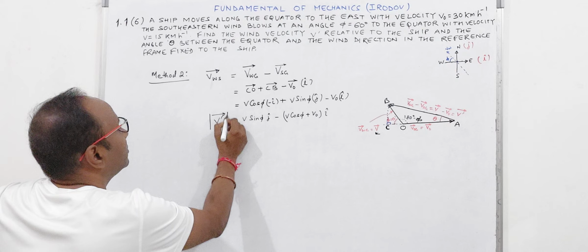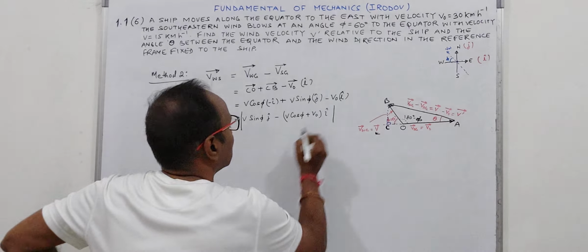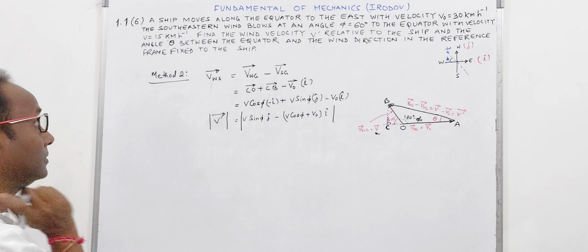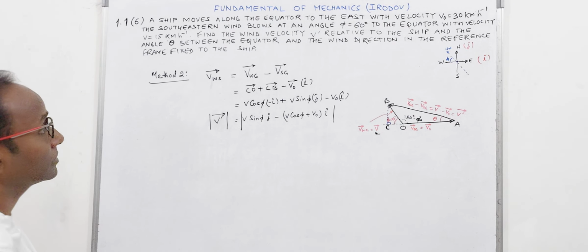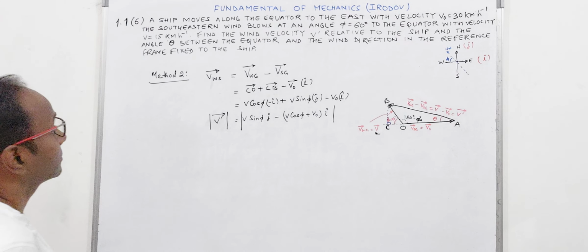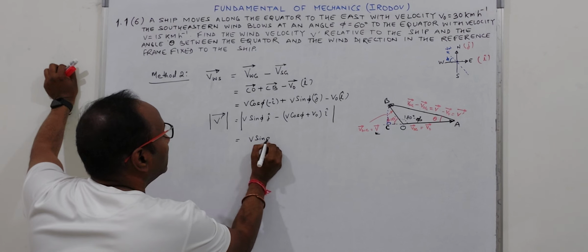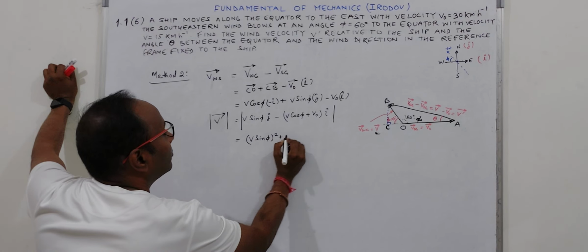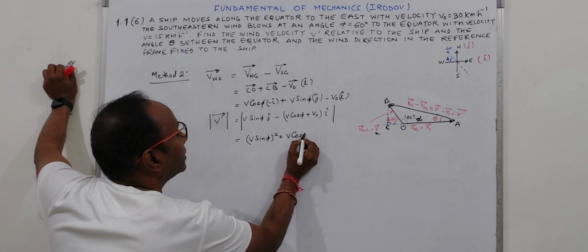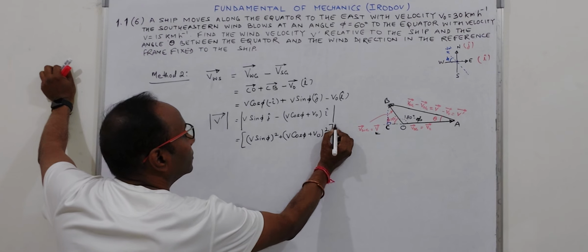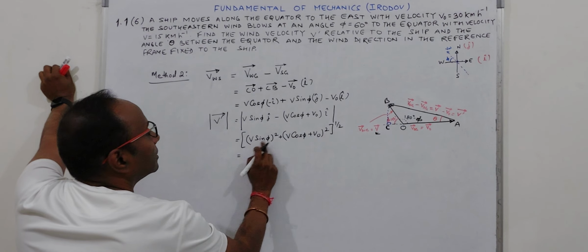Now if you take the magnitude on both sides, the magnitude will be the square root of v sin phi squared plus v0 minus v cos phi squared.